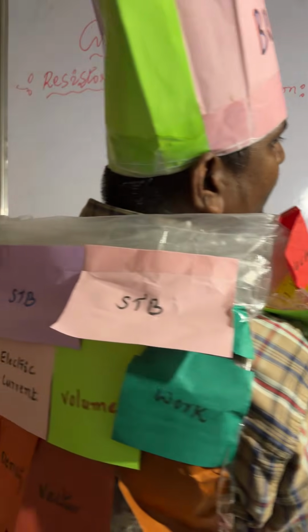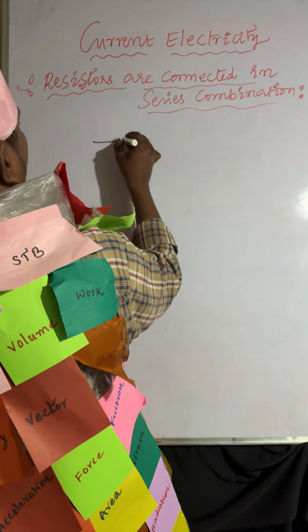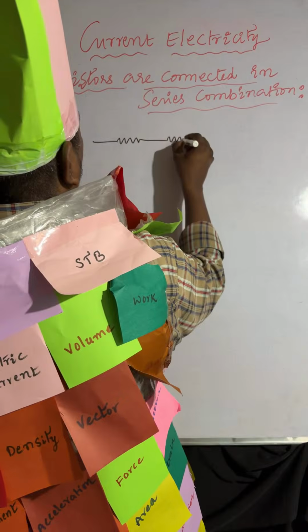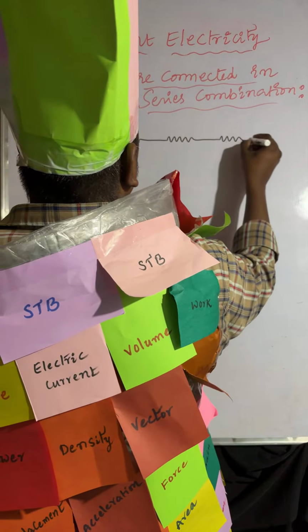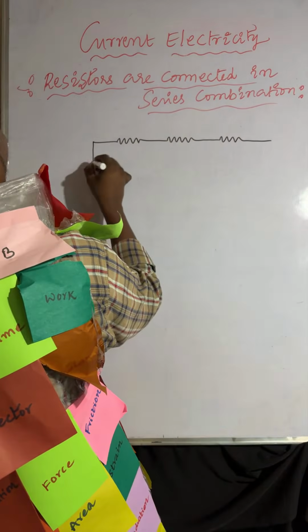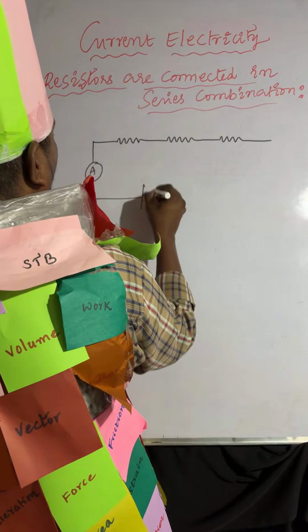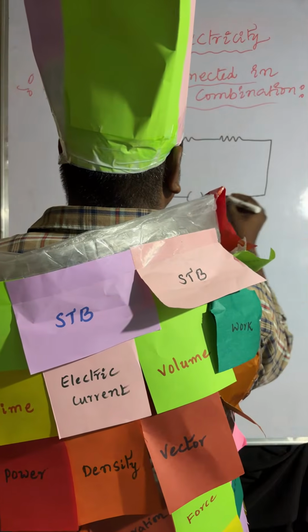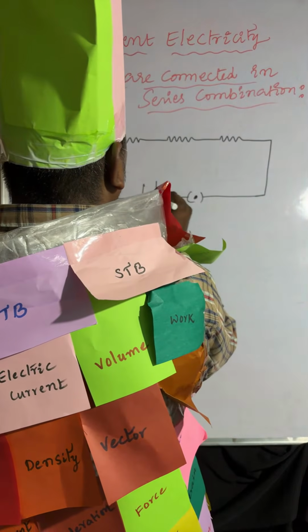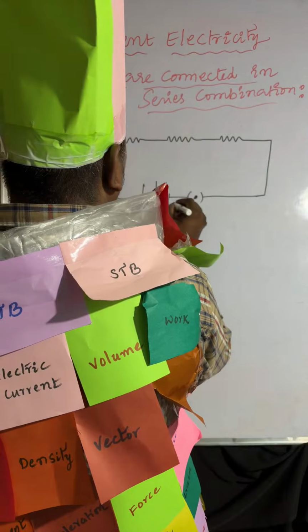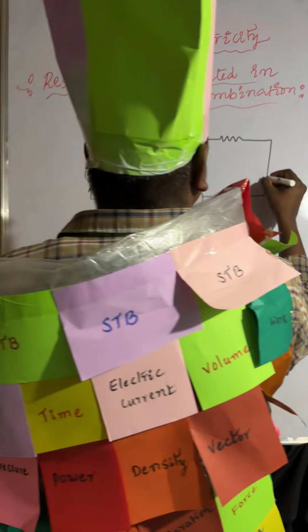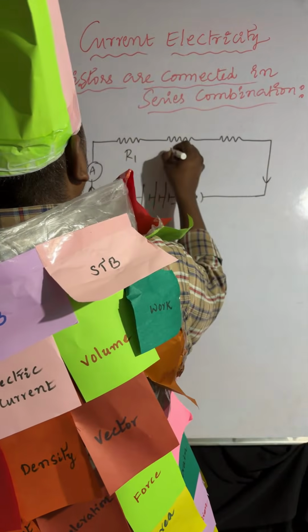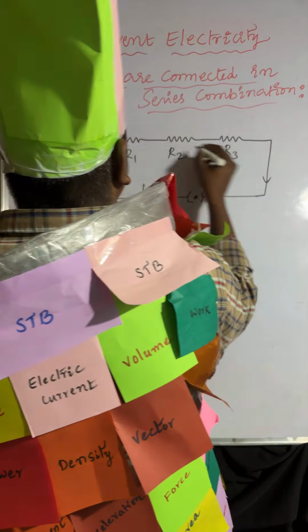Check once here. Now you can observe: 1, 2, 3, ammeter. Here you can see the battery. R1, R2, R3.